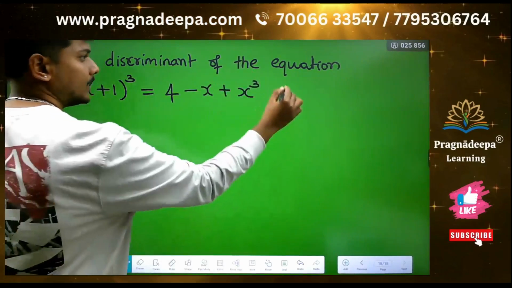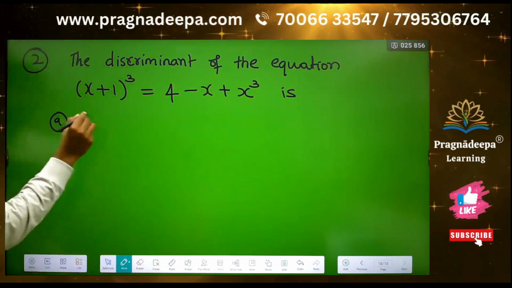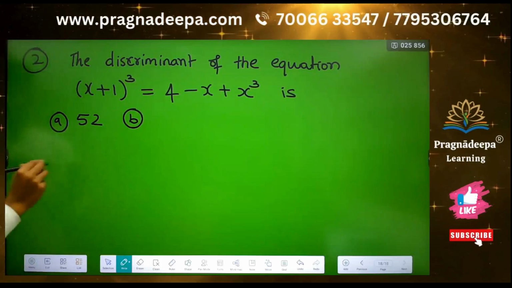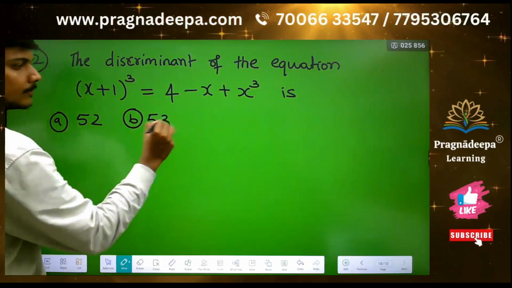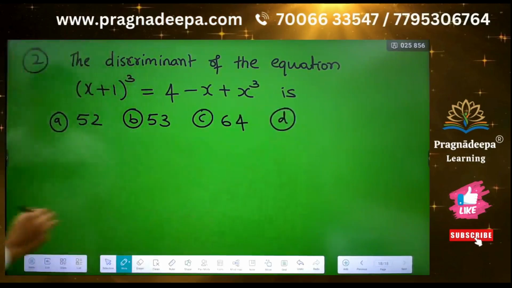Those are the options. So options ಏನೇನಿದೆ? A 52, B 53, C 64, D 72. The last option is 72.